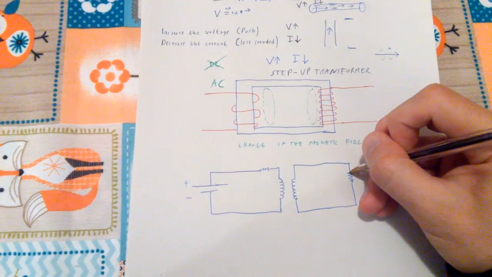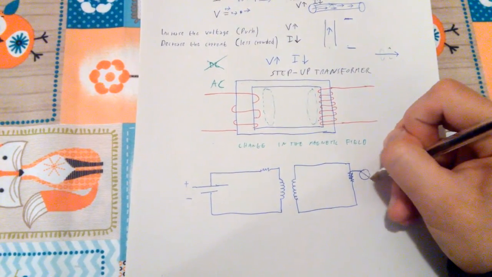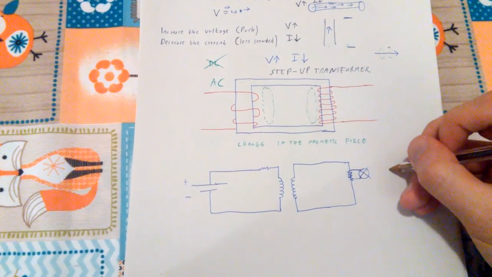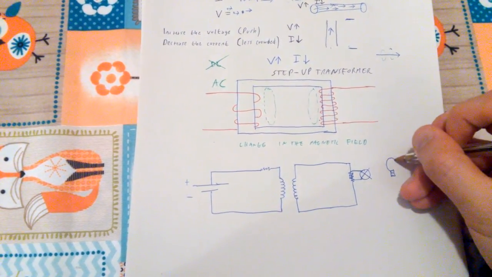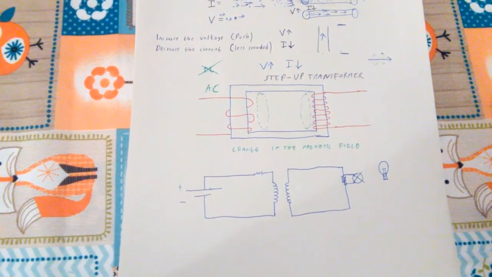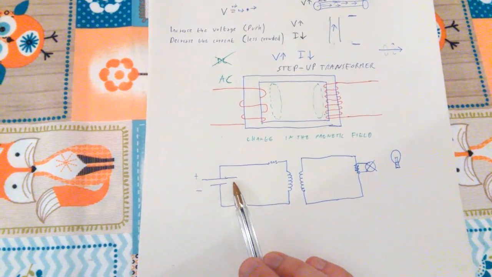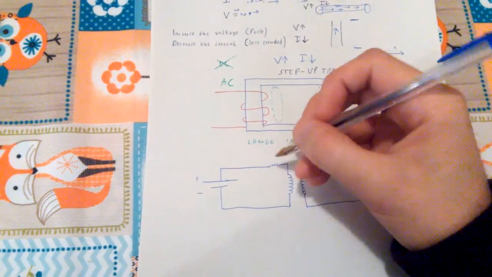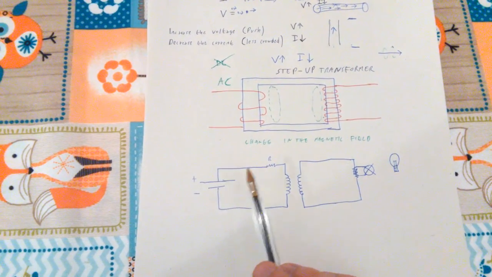Oh no, let's say that this is not actually a resistance. This is like a lamp, like a light bulb. Now I'm powering this circuit. This is my resistance. This is my inductor.